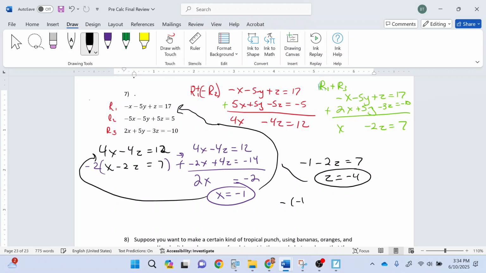So negative 1 minus 5y plus negative 4 equals 17. Negative 1 minus 4 is negative 5, so negative 5y equals 20, y equals negative 4. So my answer is negative 1, comma negative 4, comma negative 4.